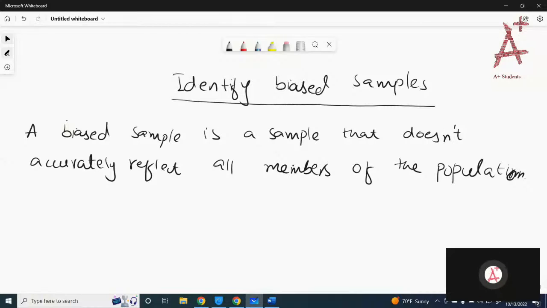Biased sampling is when a sample is collected in such a way that some members of the intended population have a lower or higher sampling probability than others. Got it? Okay, let's do examples, then it would be more clear to you.